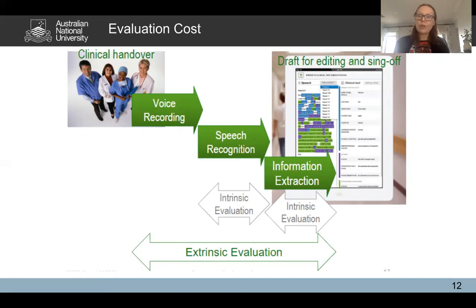What one needs to know is intrinsic evaluation and extrinsic evaluation. Intrinsic means we evaluate every single component of the processing system in isolation. It could be, for example, the automated speech recognition component, and then the information extraction or text classification component to fill out the form. And then we also need the extrinsic evaluation.